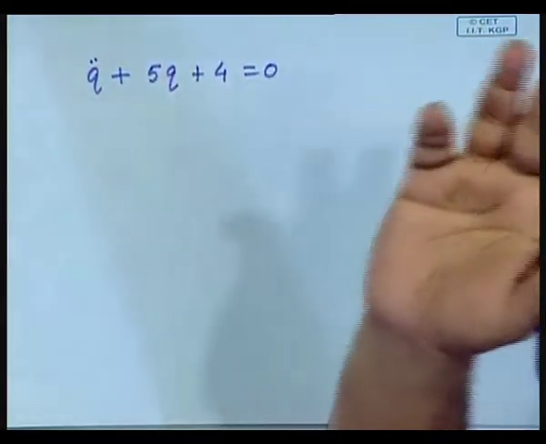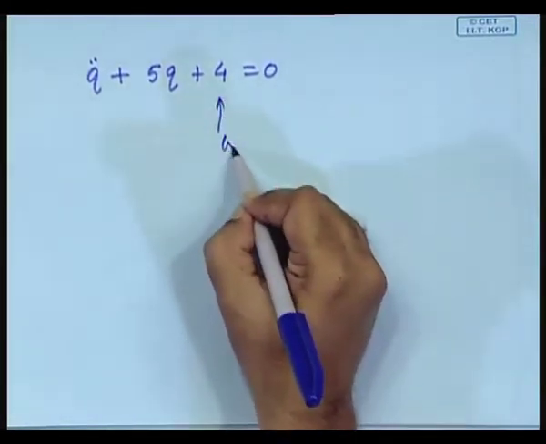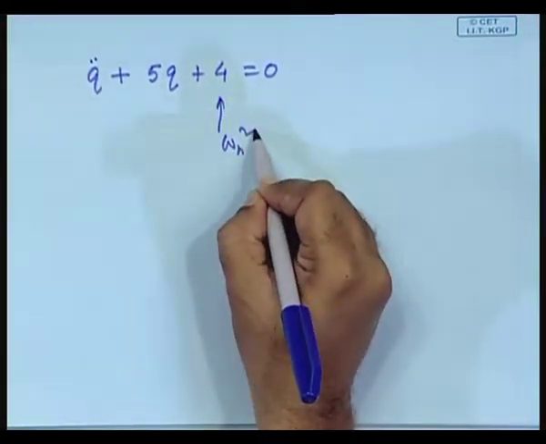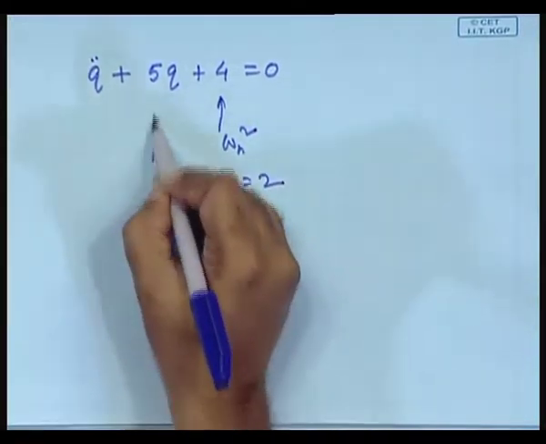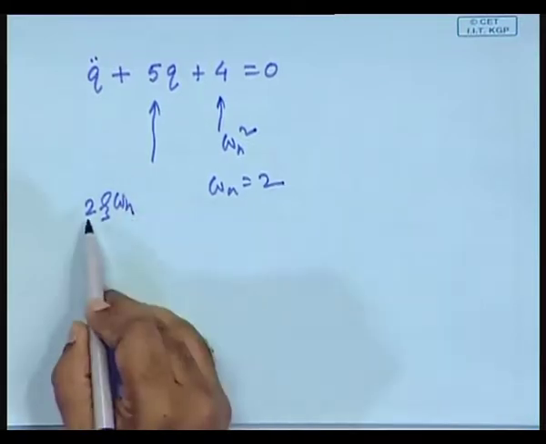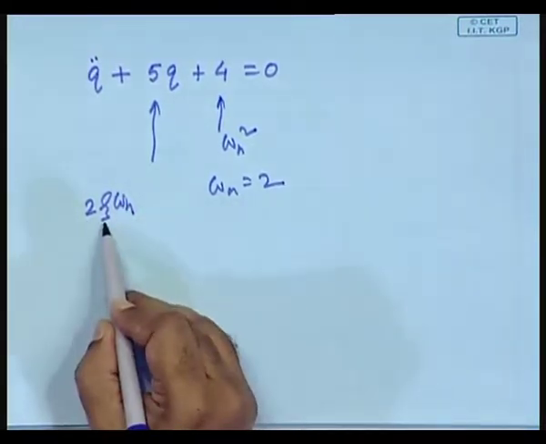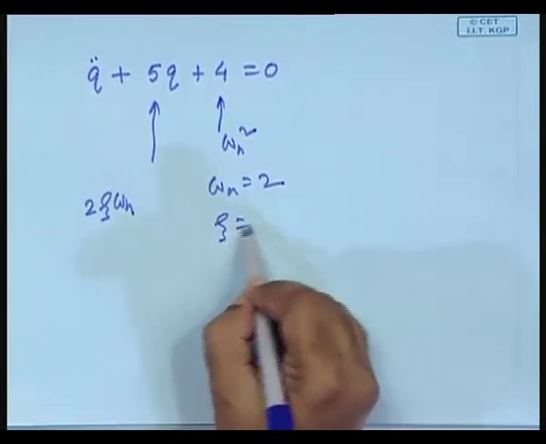Can you immediately tell? We will simply say this is the omega n square, so omega n is equal to 2. This thing is twice zeta omega n, so this gives zeta is equal to 5 by 4.